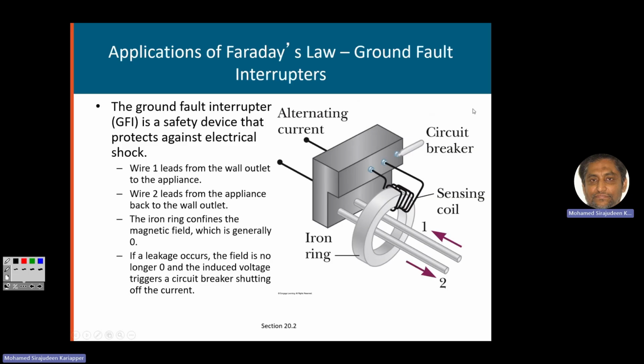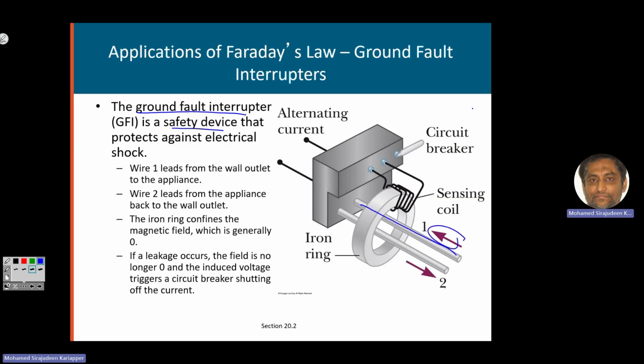Right. So we have an application of Faraday's law in a safety device in homes, called the ground fault interrupter. When you're working at home and using some electric device, if the current comes to the body of the instrument, that means some of the current is getting out. Suppose in the home circuit you have wire 1 which is bringing the current.